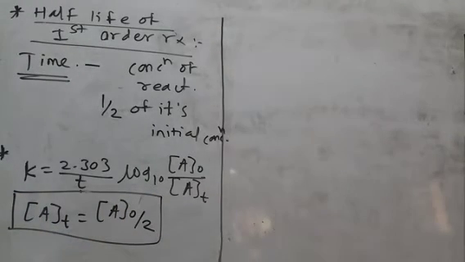By considering that the concentration At falls down at the time t, we have to consider the value of t as equal to t 1/2. So what is t 1/2? That is the time required for the concentration of A to fall down once the reaction has started.